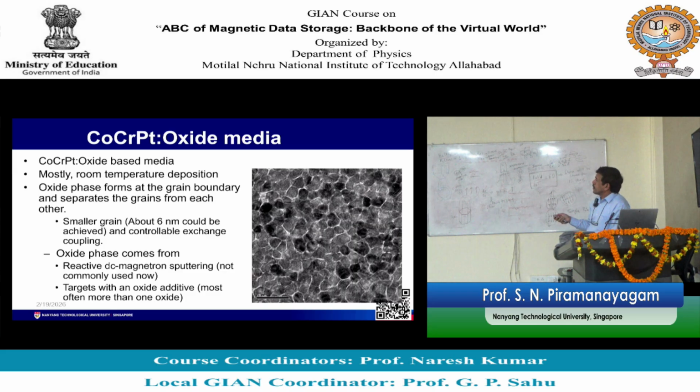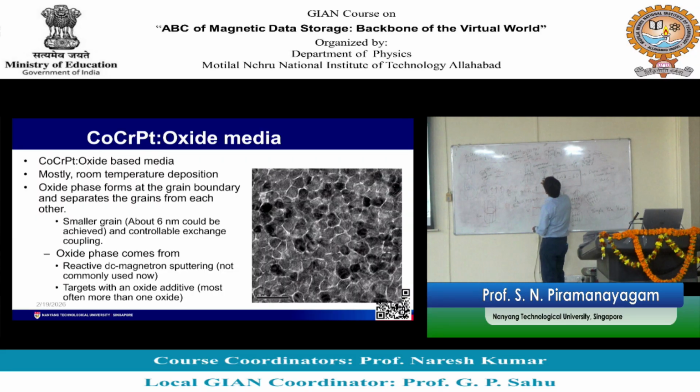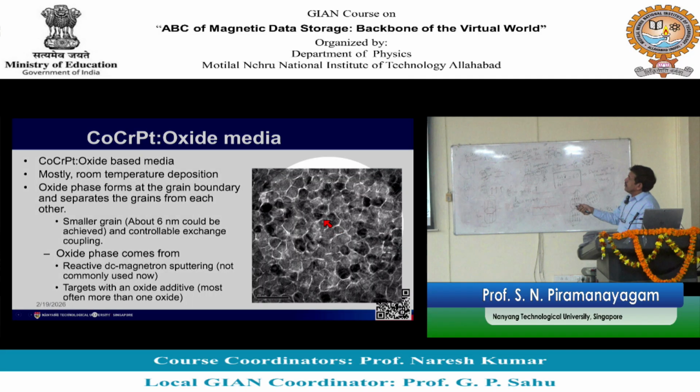But one difference is that yesterday we needed a temperature of around 250 degrees to achieve this compositional segregation. In the case of perpendicular recording media, we can achieve this oxide grain boundary even at room temperature.